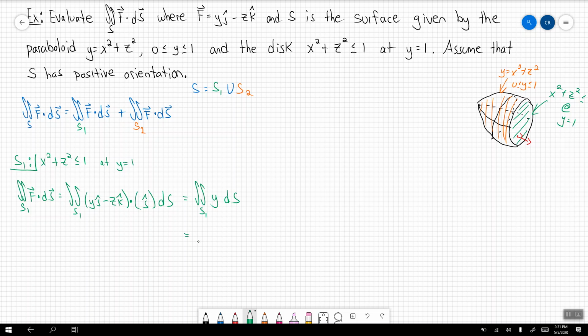So now we can start evaluating this. Over some region, what are we using for the y value? Well, the y component is just y equal to 1, and this is going to be with respect to some area. So what I'm using here is the definition for line integrals.